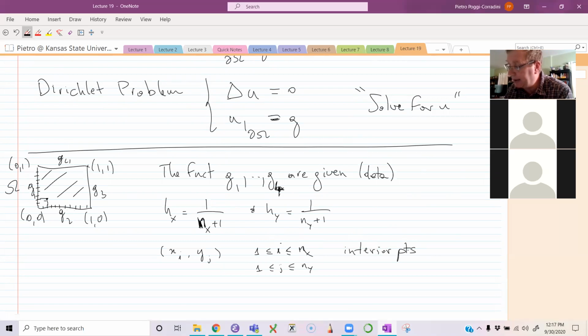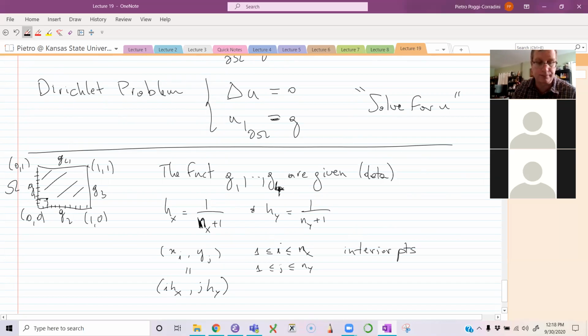And if you think about it, by the way this is set up, this point here is going to be i times the step in x and j times the step in y. Because that's how we've set it up. All right. So is that clear so far?